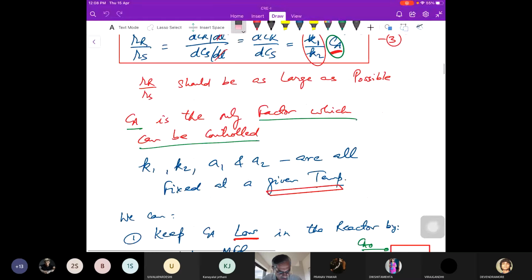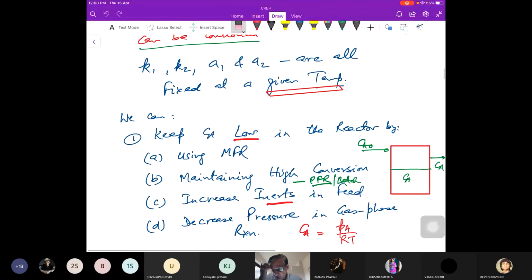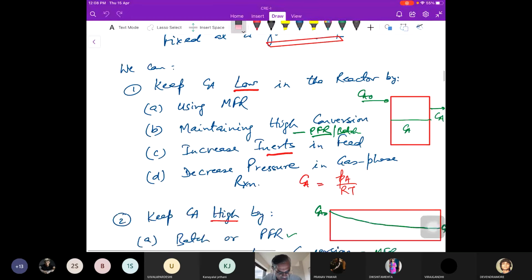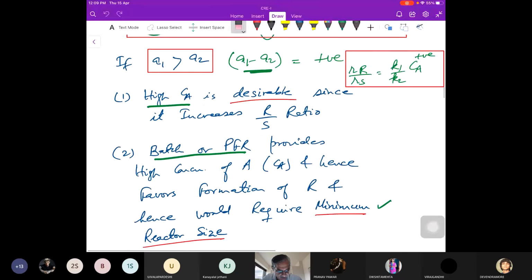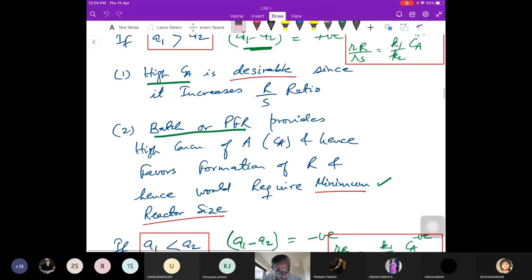And then we saw what kind of concentration we need to keep to get the desired reaction, right? We saw that if a1 is greater than a2, we need to have high concentration of A, and high concentration of A is possible only if you use batch or PFR.